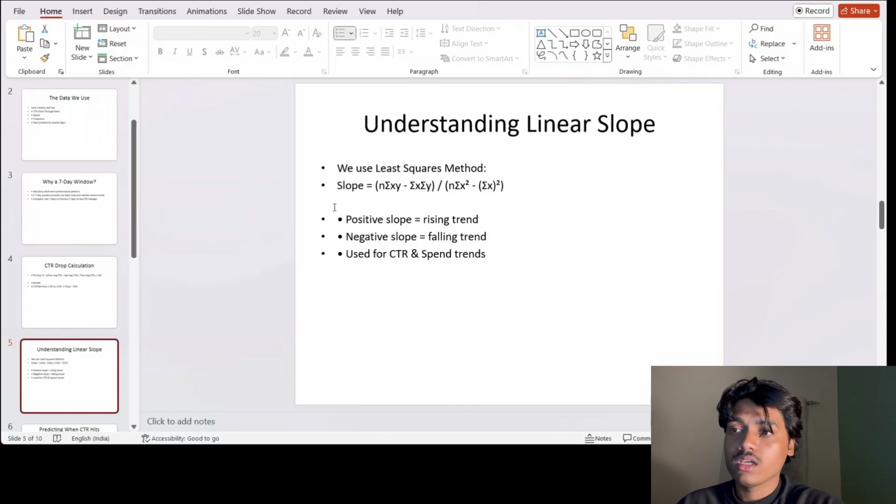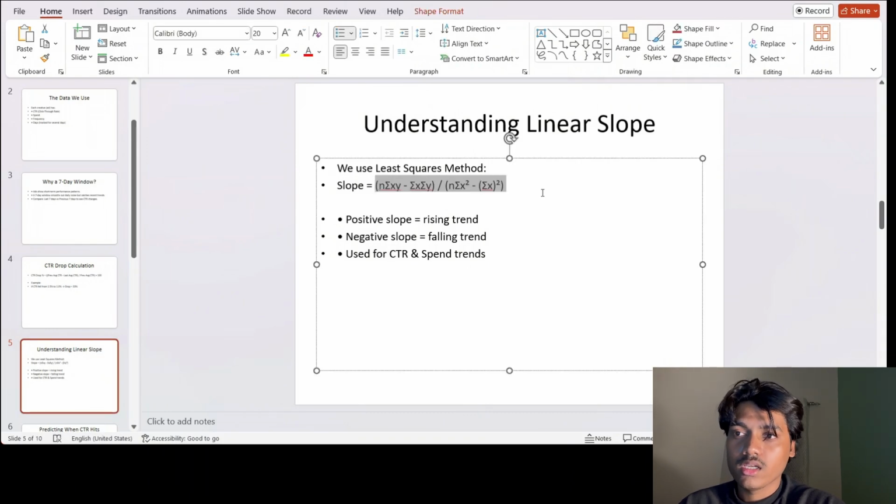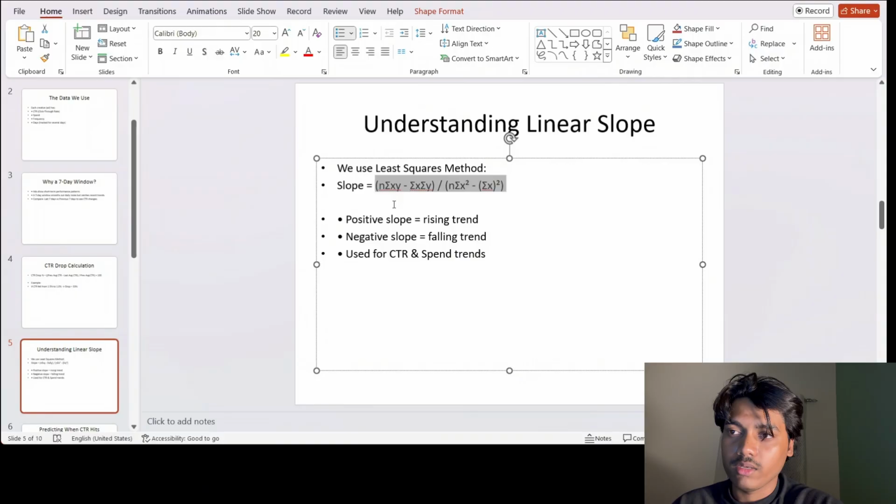This formula is n into sum of xy minus sum of x into sum of y, divided by n into sum of x square minus sum of x whole square. So it is giving us the slope. In the equation, n means the number of data points, then x and y are going to be the axes.